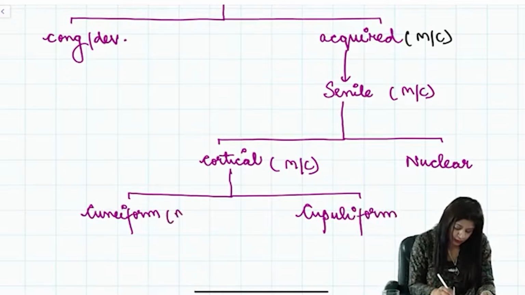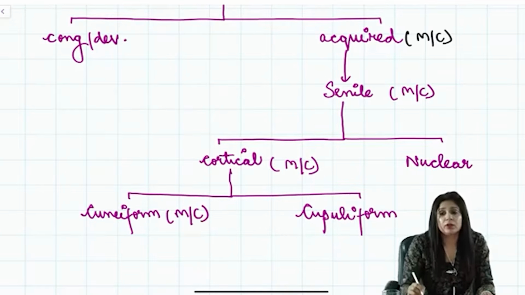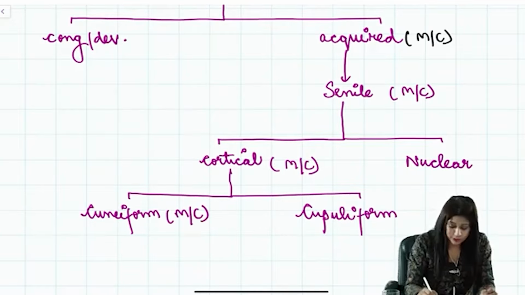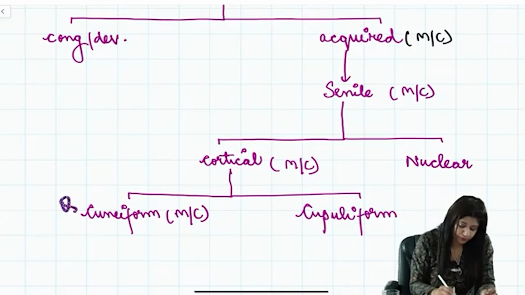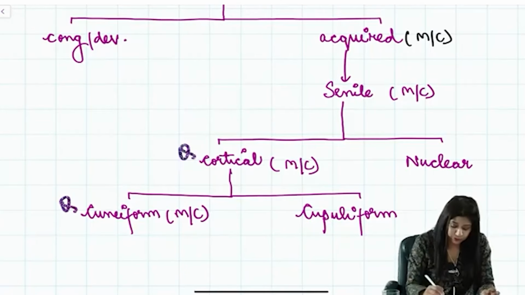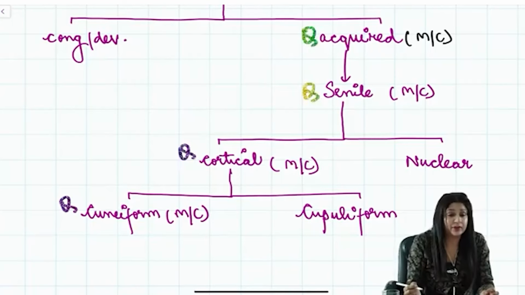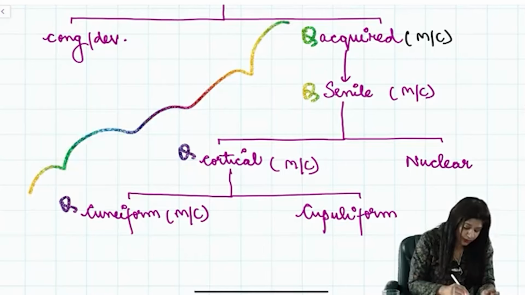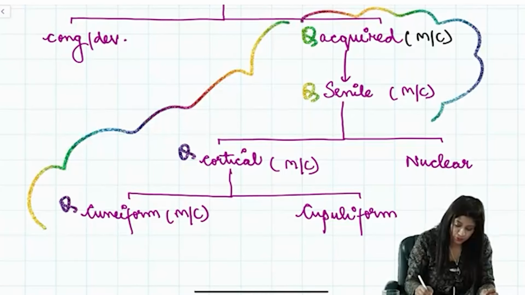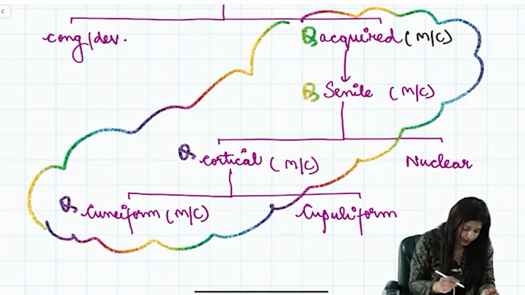So it is the cuneiform which is more common. तो कोई भी more common, if they are asking, it is cuneiform type of cortical, type of senile, type of acquired cataract, जो कि most common है. Whenever they are asking any question on most common, we can answer it from there.